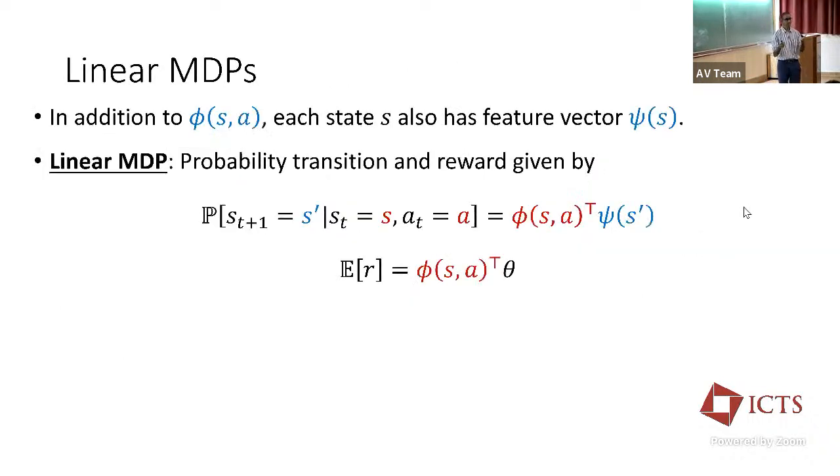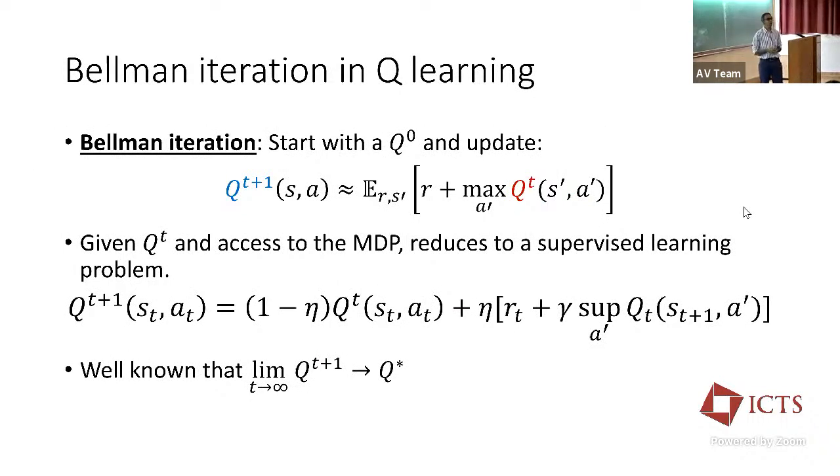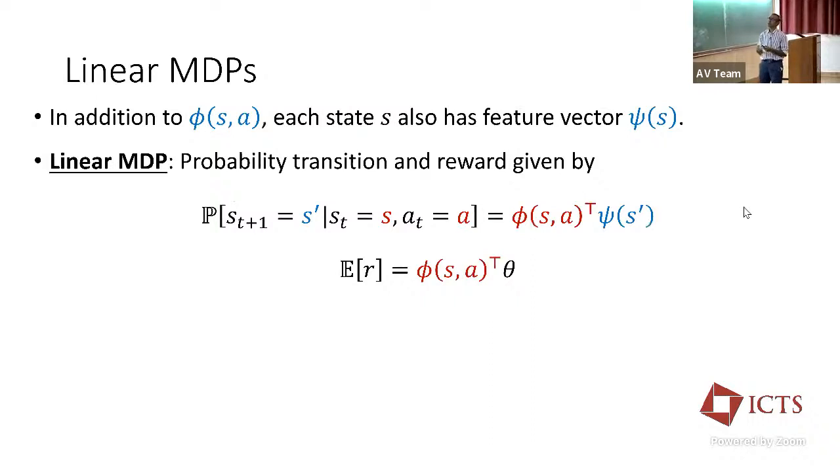Okay, so this is the situation for your tabular MDP or finite state MDPs, where you have a finite set of states and actions. But let's look at a more general version of it, which is linear MDPs, which is also really popular in modeling these MDPs, where you want the number of states and actions to be infinite. So here, the idea is that for a given state-action pair, you can describe that using a feature vector phi. And in addition, you have a feature vector psi for each state, right?